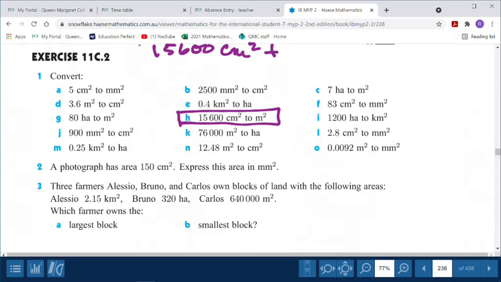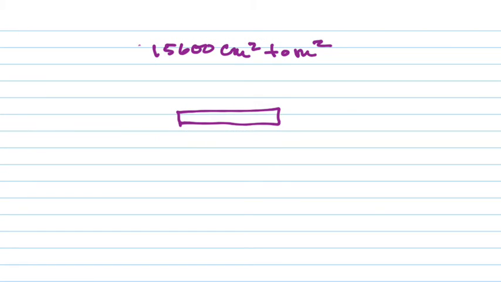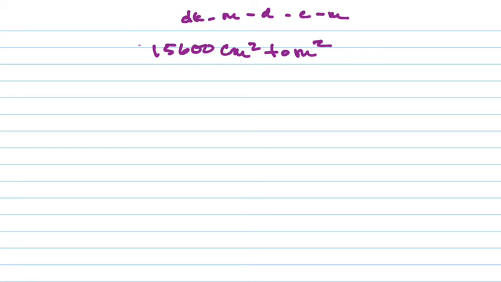Centimeters squared to meters squared. So we're working in square units, but it's still converting back and forth between units. If we're working with meters: decimeters, centimeters, millimeters. Over here we have deca, hecto, and kilo. So I'm going from centimeters, that's here, to meters.